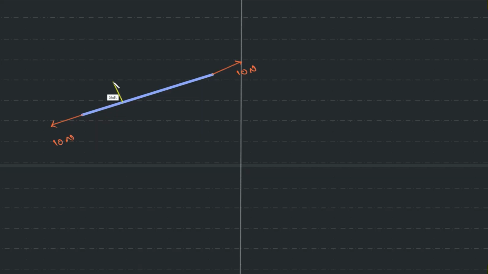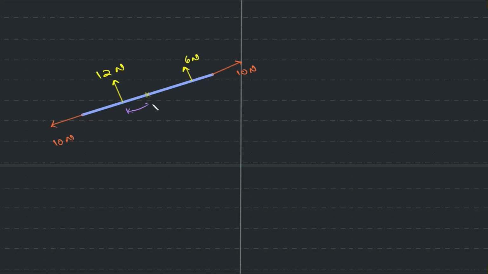Say somewhere over here is 12 Newton, and somewhere over here, double the length from your center, is 6 Newton.